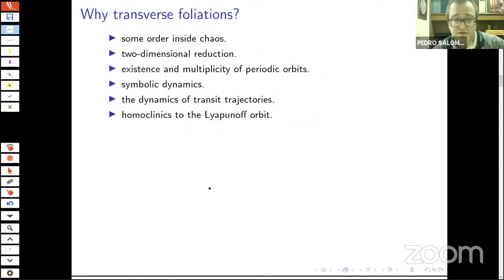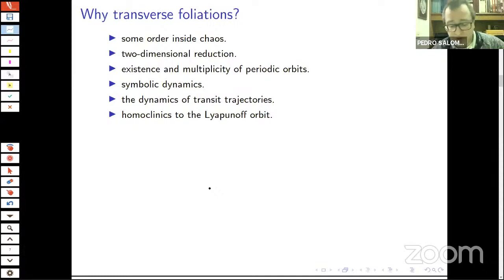Why transverse foliation? So we have a non-integrable Hamiltonian system. The flow might be, when you fix the energy level, extremely complicated. But if you produce a transverse foliation, somehow you have a very good picture of the paths of the flow inside the energy level. So even if you have some chaotic motion, under the existence of these foliations you see some order inside these systems.